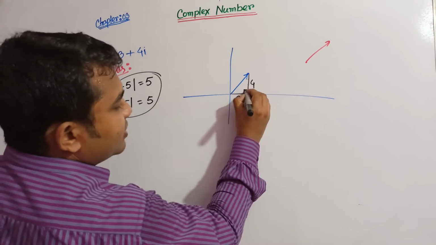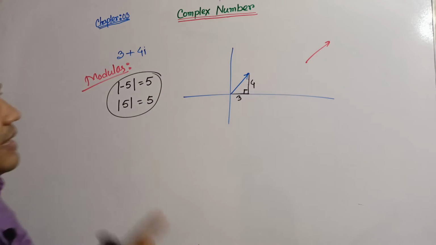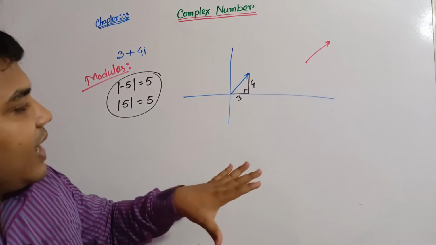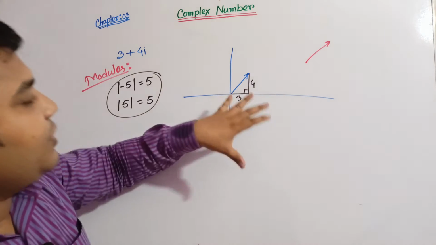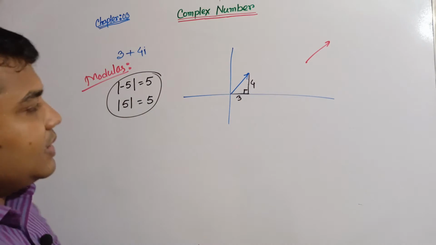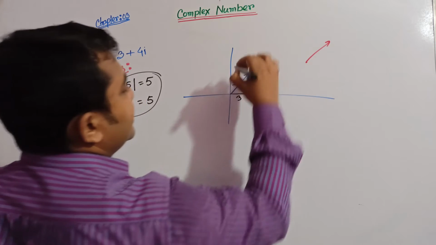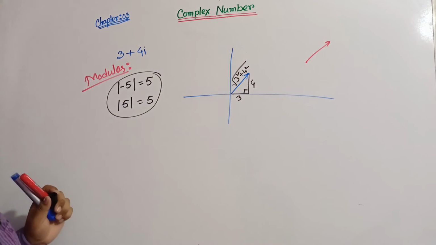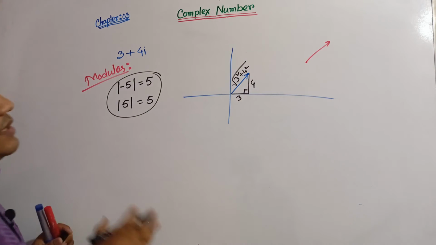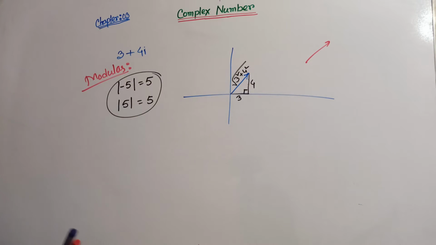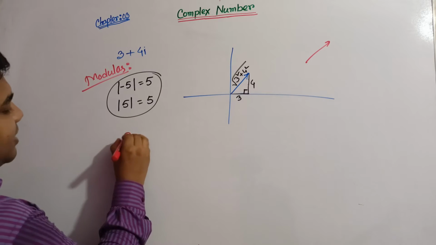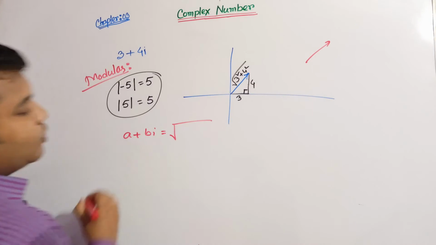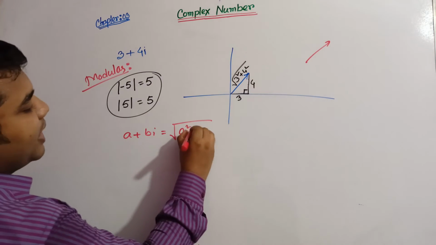Here it is creating a 90-degree angle, so obviously this is the hypotenuse, and if we apply the Pythagoras theorem here, then you can easily tell me the hypotenuse should be root over 3 square plus 4 square, and the modulus is always that. So if I ask you what is the modulus of a plus bi, the modulus of a plus bi is equal to root over a square plus b square.